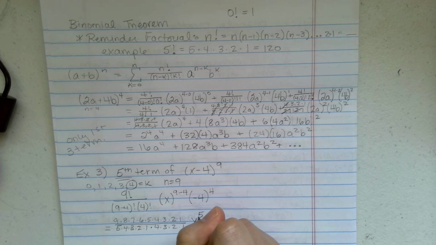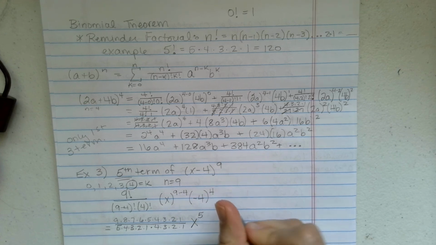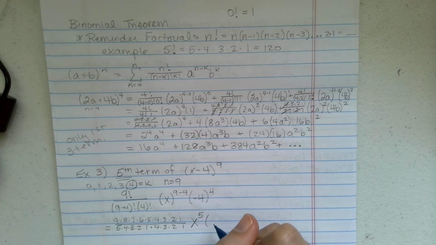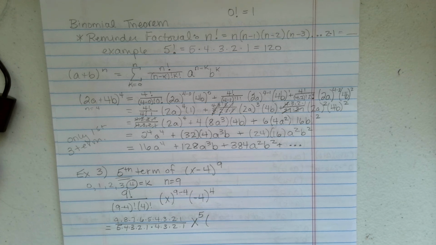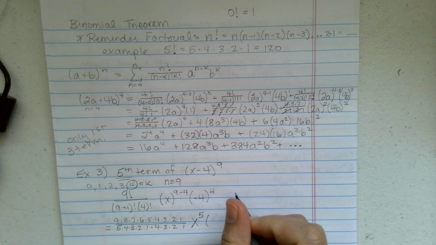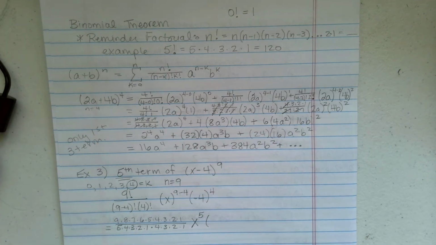It'll be x to the 5th, and then negative 4 to the 4th is 4 to the 4th is, let's see, 4 cubed is 64, so I think that's 256. Negative 1 to the 4th is positive, so we don't have to worry about the negative. So 4, 2, 3, 4, yeah, 256.